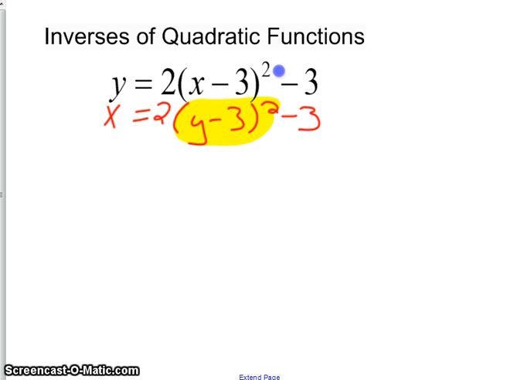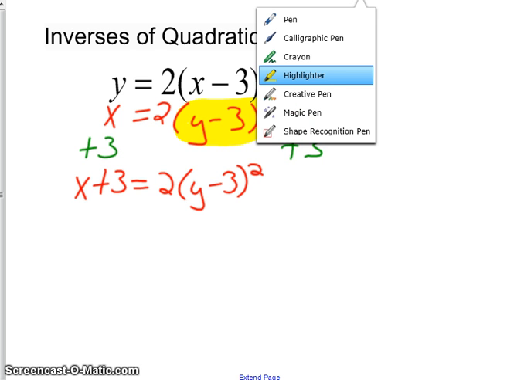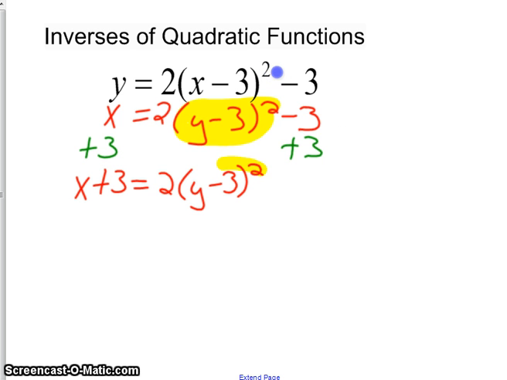So I want to get rid of this other term, -3, so I'm going to add 3 to both sides. So now those are not like terms, so this is x plus 3 equals 2 times the quantity x minus 3 squared. And again, I'm trying to isolate the square term. So this is the thing I'm trying to isolate.